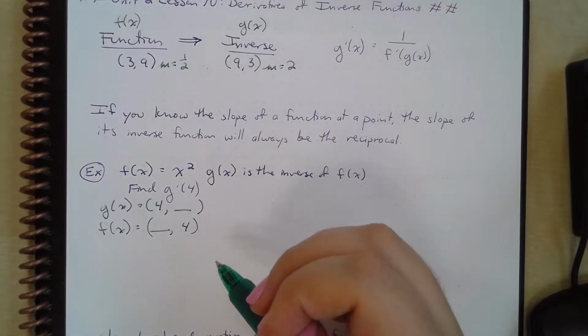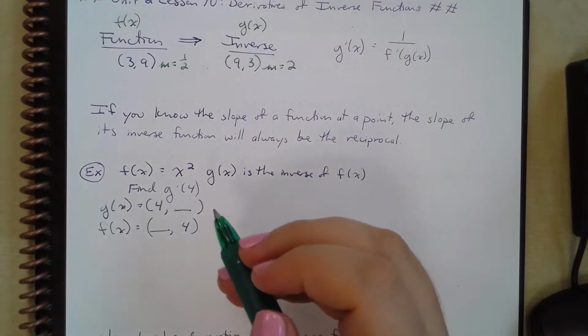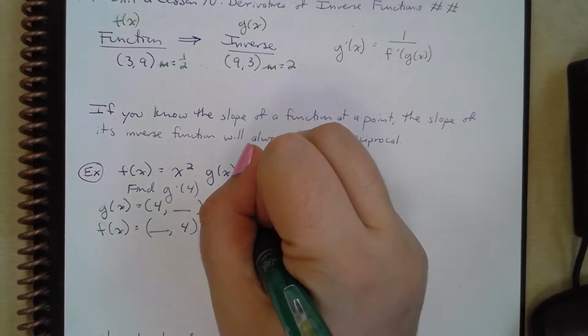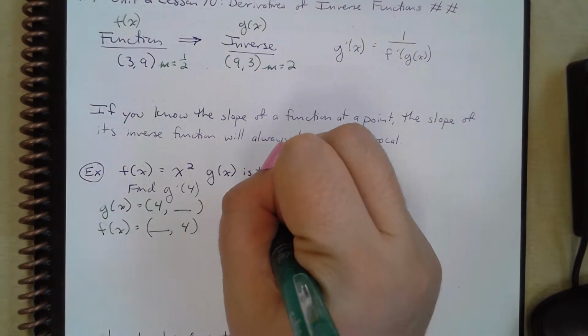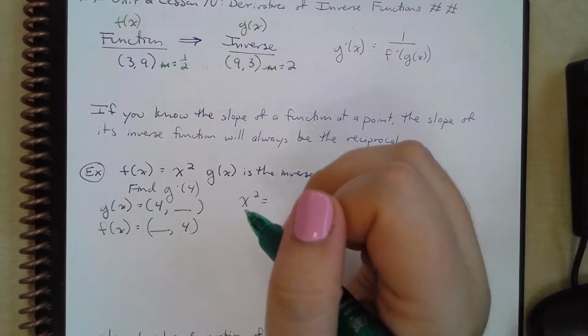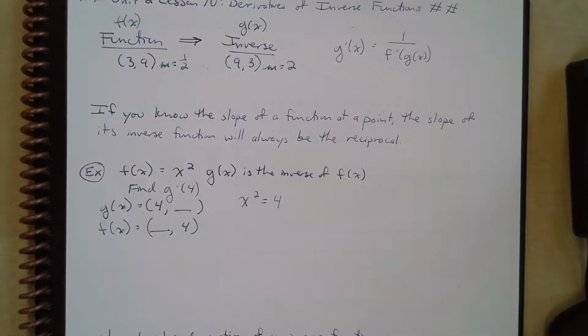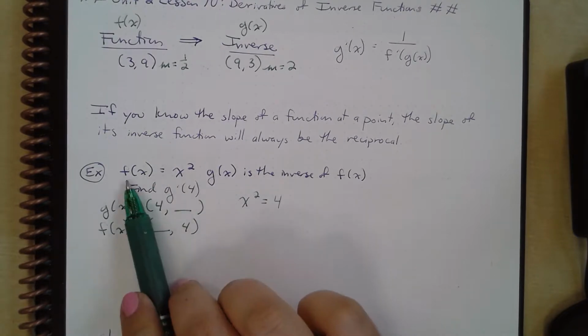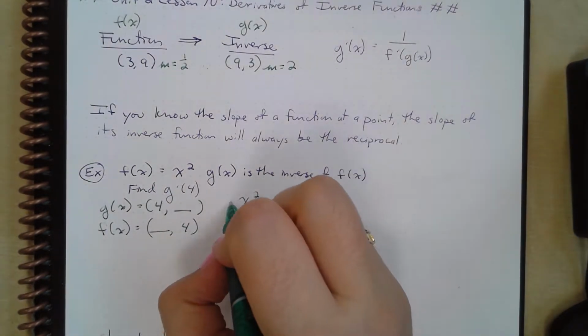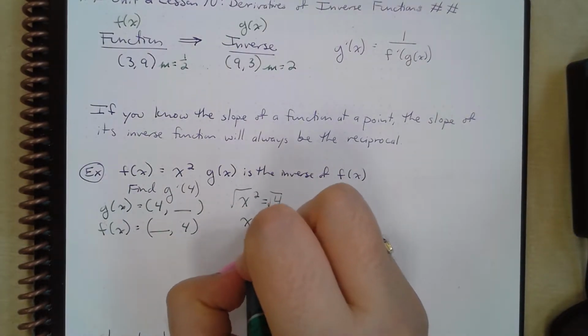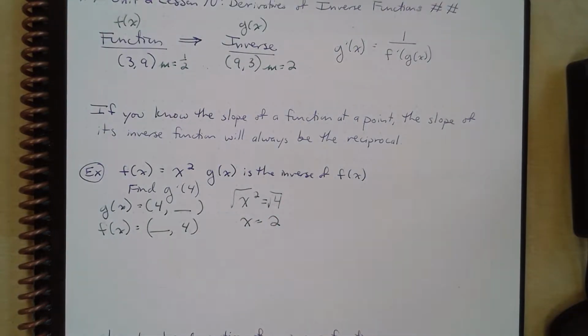So we can set f of x, which is x squared, equal to 4. If I take the square root of both sides, I get x is equal to 2, and I realize this could be plus or minus 2, but just work with me here. We're just going to go with 2.